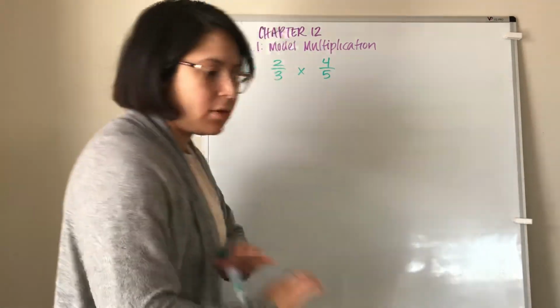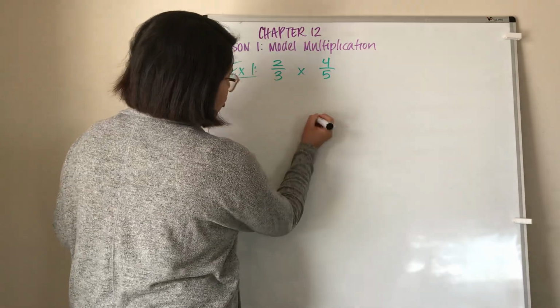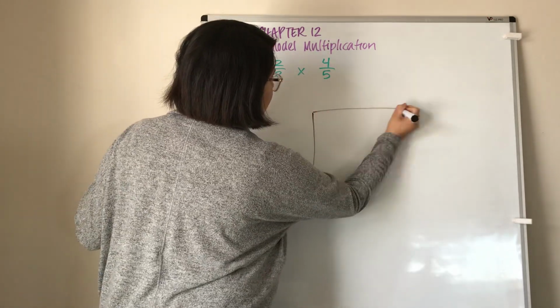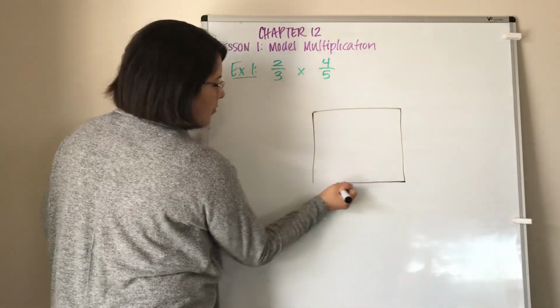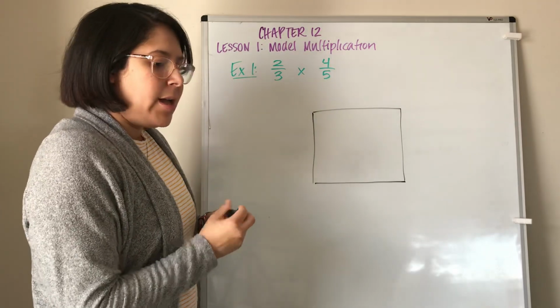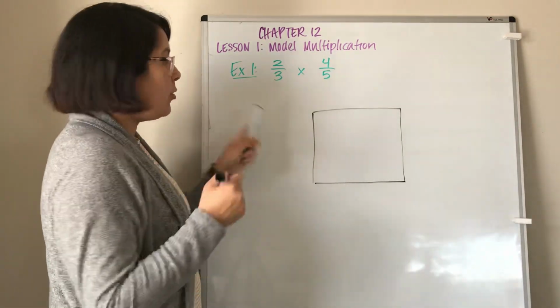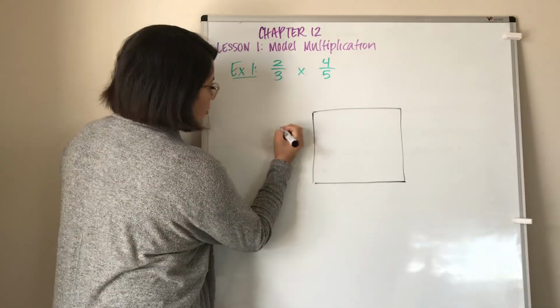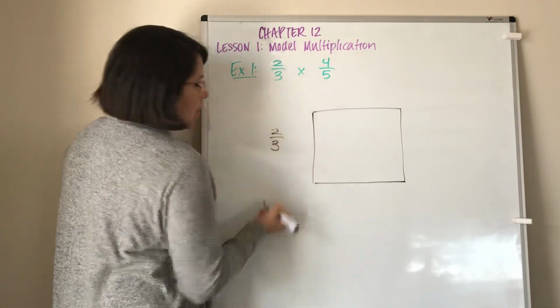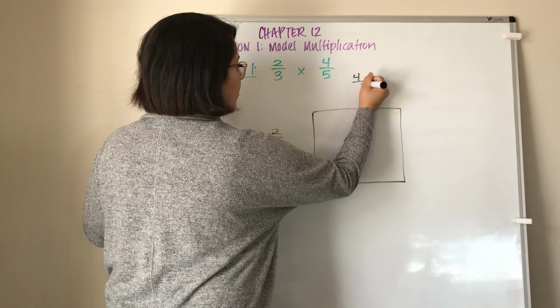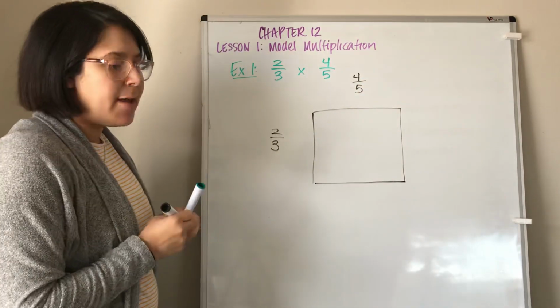Okay, so simple, you're going to draw a square. Okay, now I'm going to put my 2/3 and 4/5 on one of these sides. So I'm going to put 2/3 here, and I'm going to put 4/5 up here. Okay? So what does that mean?